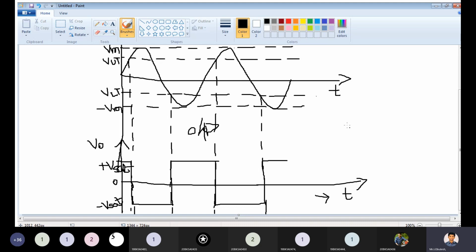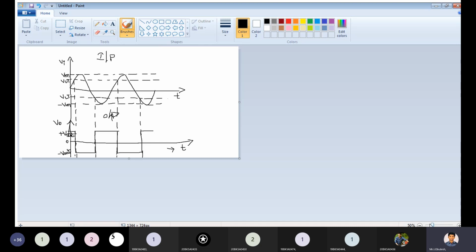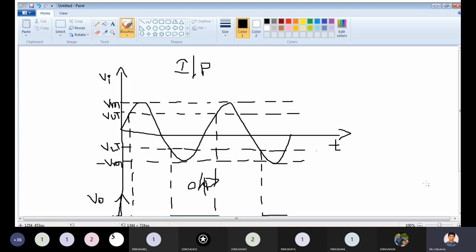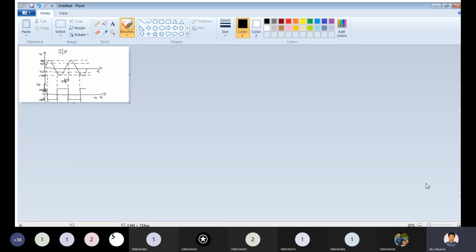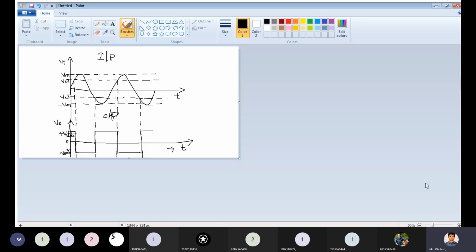So based on the previous explanation, we are drawing the input and output waveforms of the inverting Schmitt trigger. Now it is visible? Yes, sir.